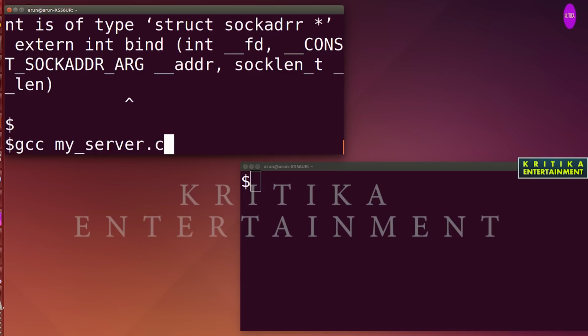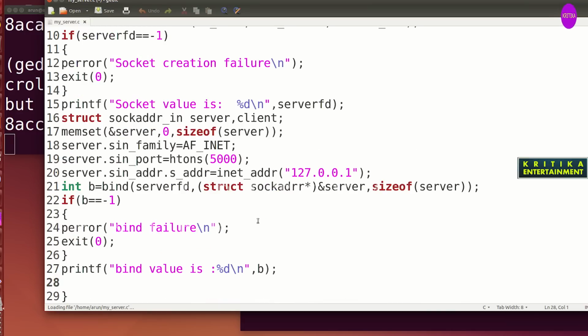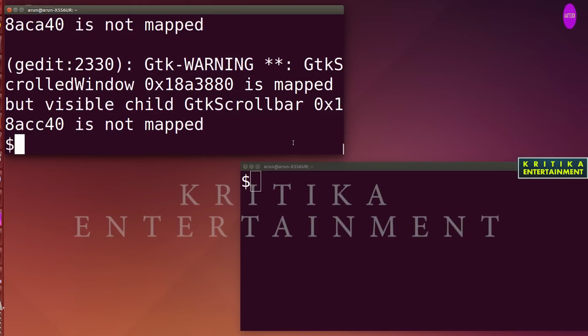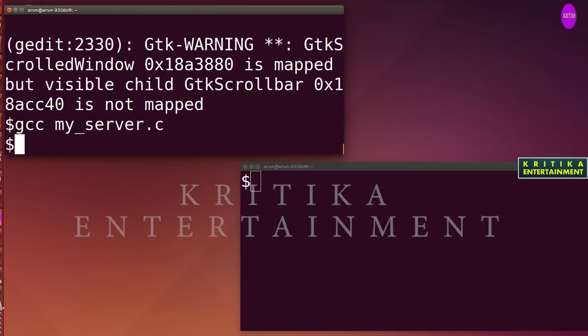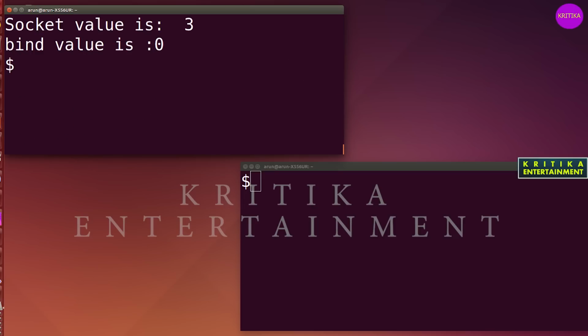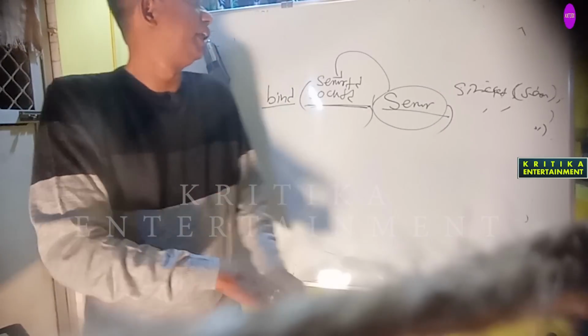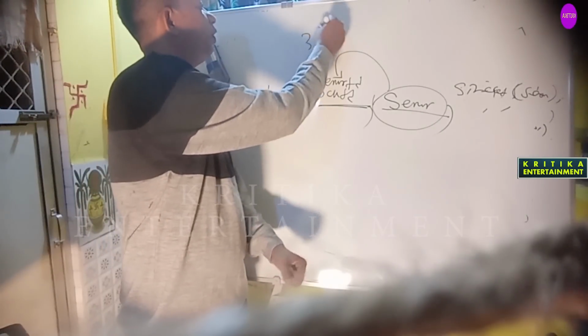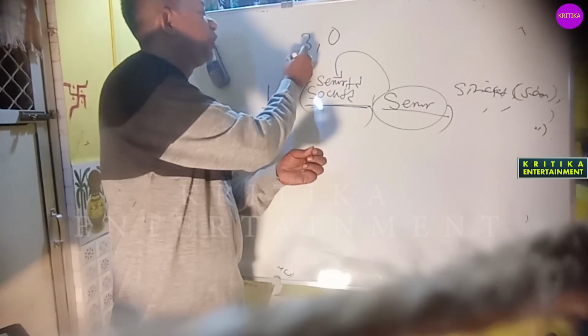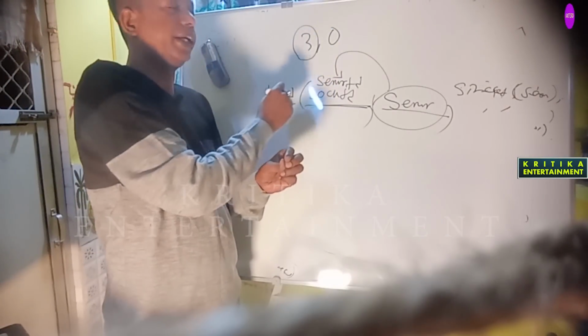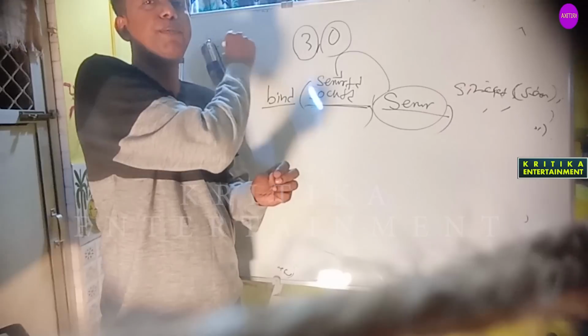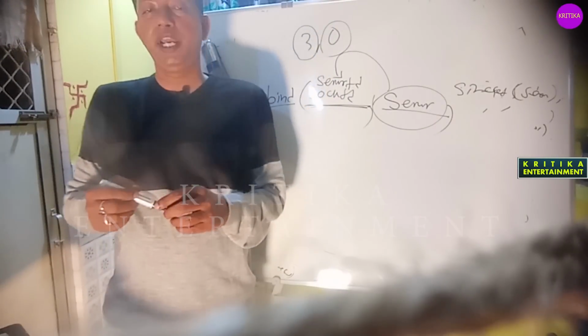So here I will write sockaddr, SOCK A D D R, then save and compile it, and it compiles successfully. Then I check the value of the bind value: 0. That means if you find 3 and 0, 3 is the socket value displayed correctly, and 0 means successful binding. If it is -1, that means it is an error.